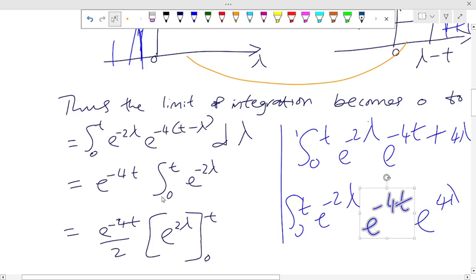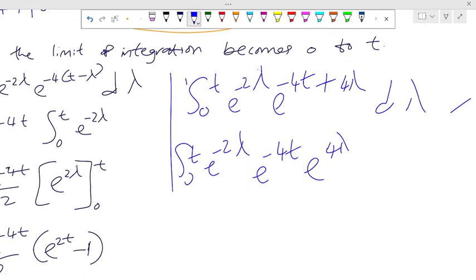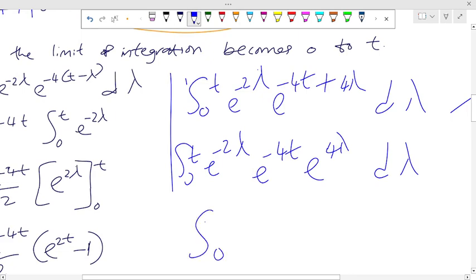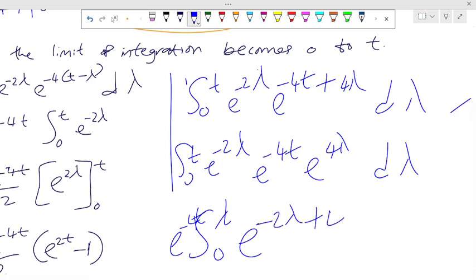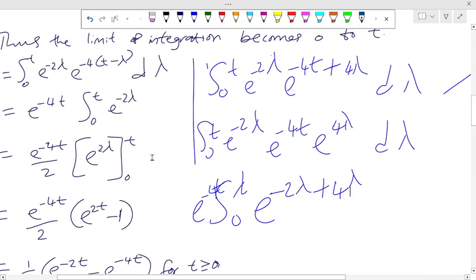Therefore we can now reduce this further, d lambda, so we'll now have 1 minus 4t outside and lambda. I think we are there. Yes, we are.